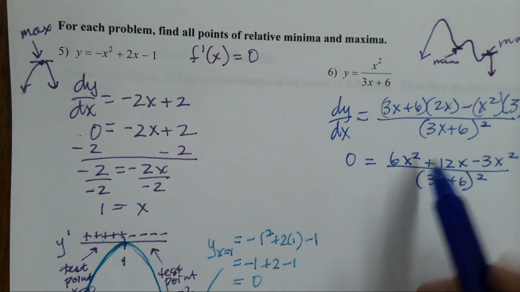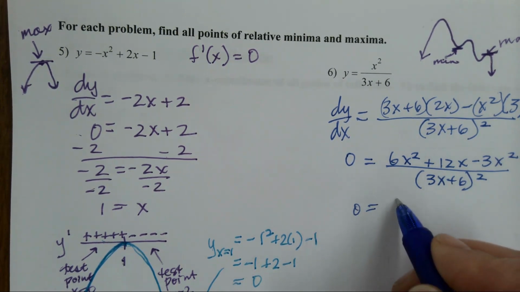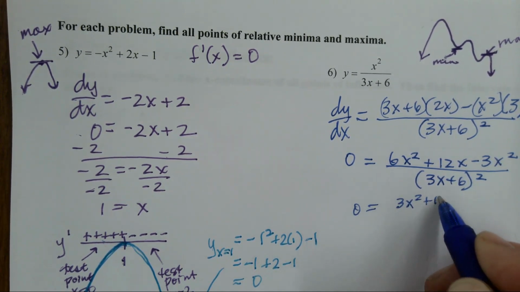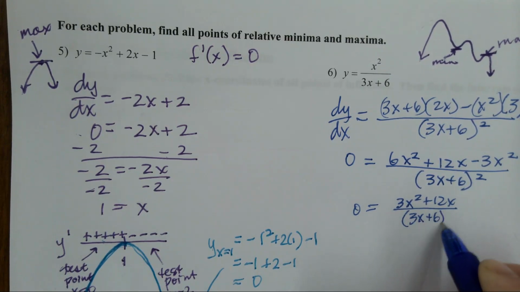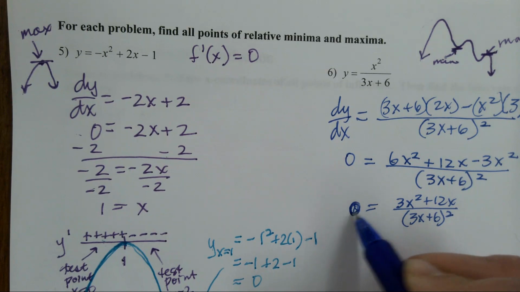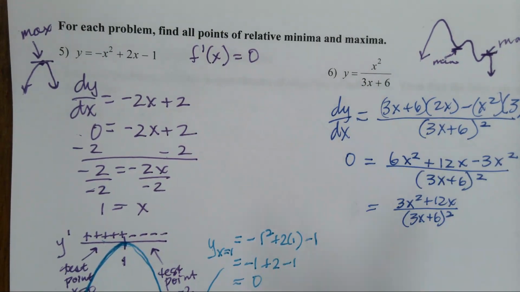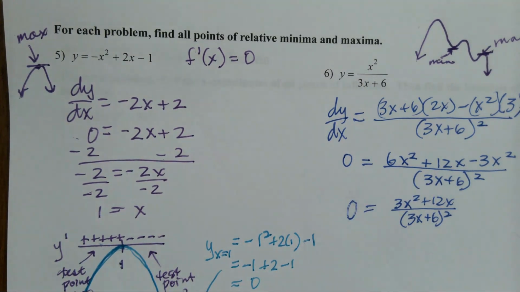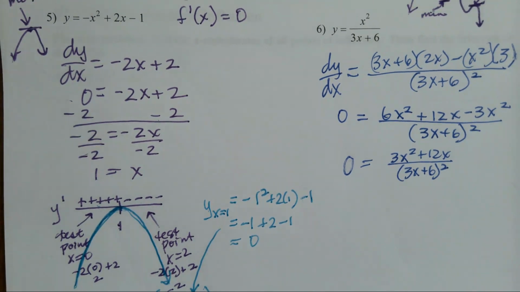I can actually combine that together too. So 0 is 3x squared plus 12x over 3x plus 6 squared. Okay, I need to set that equal to 0. And I want to solve for x. I want to find the x value where this is changing direction.